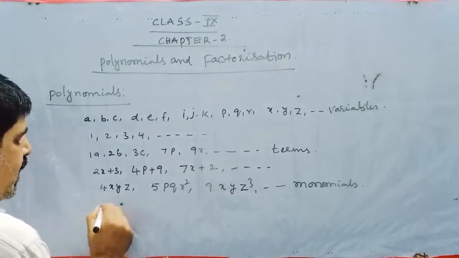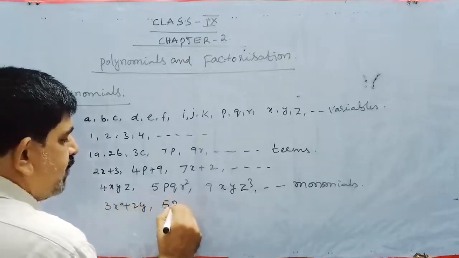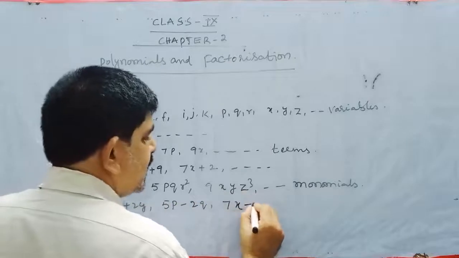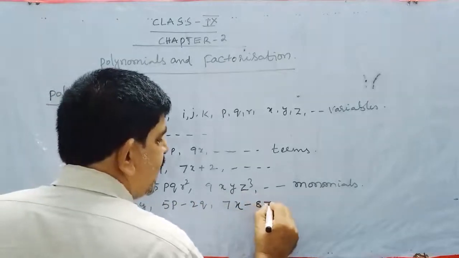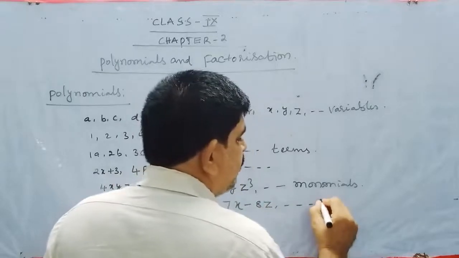Next one, 3x plus 2y, 5p minus 2q, 7x minus 8z and so on. These are all known as binomials.